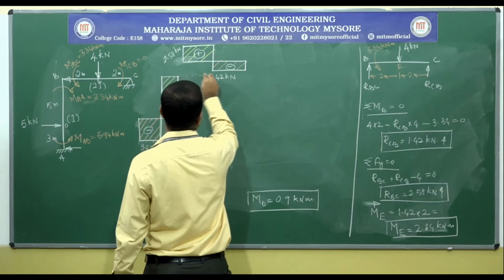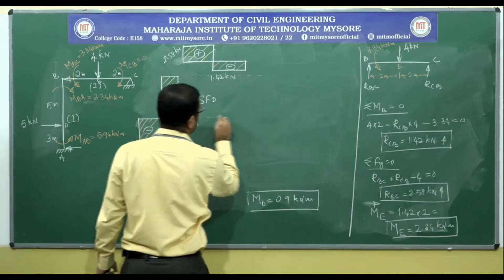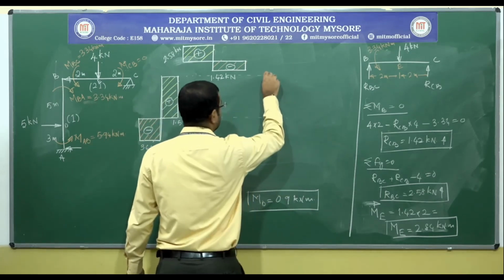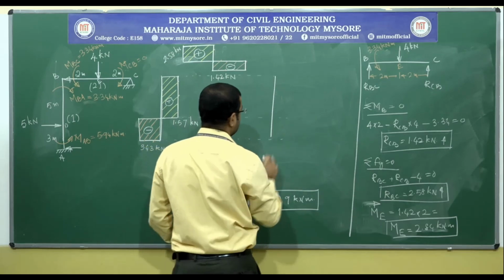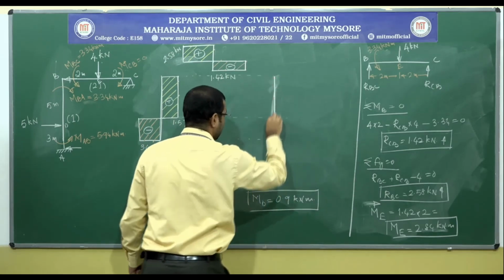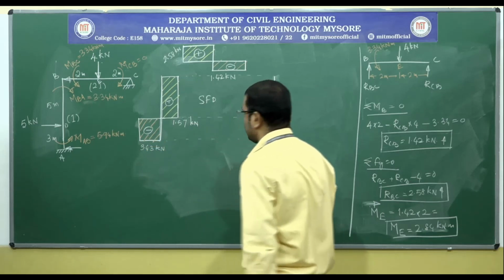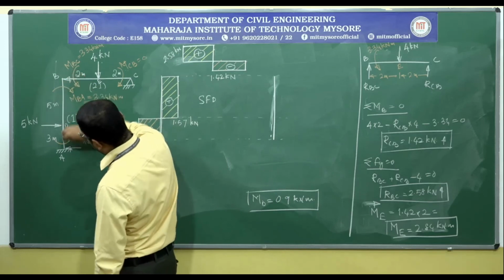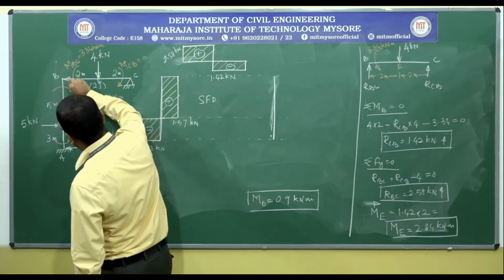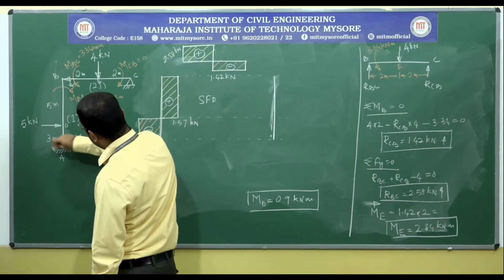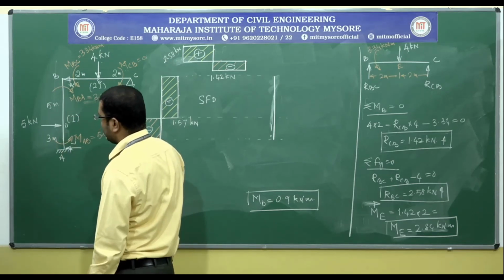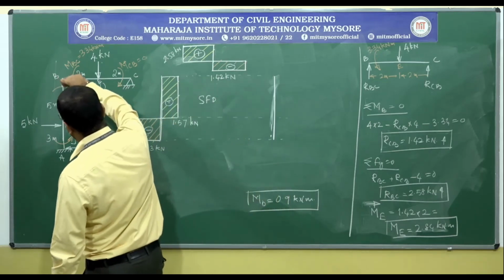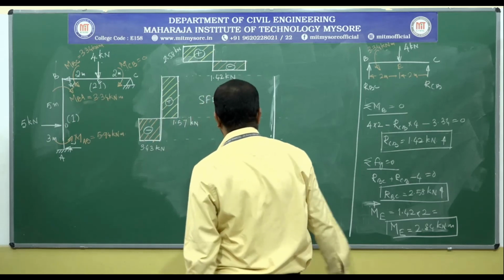Let us say this is a line representing the 0 values for the member AB. For this member AB, let us say this is left side and this is right side. On the left side we have an anticlockwise moment, which means it is negative, and on the right side we have a clockwise moment, that is also negative.